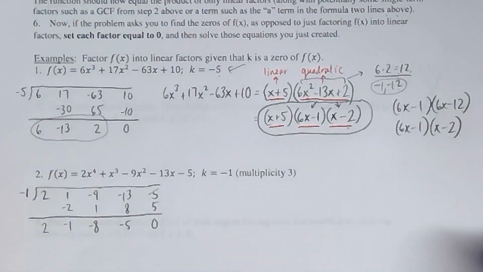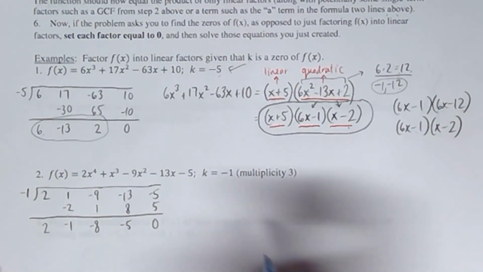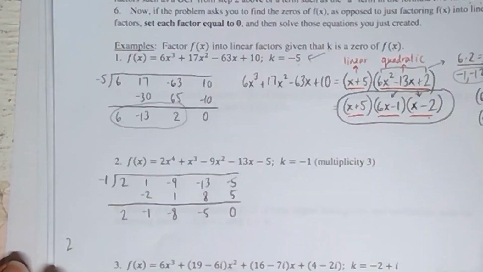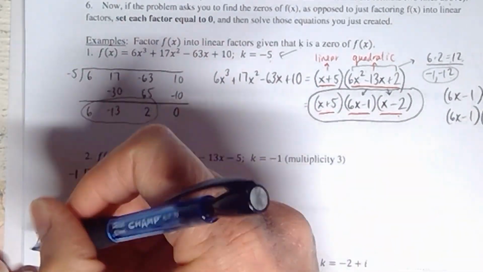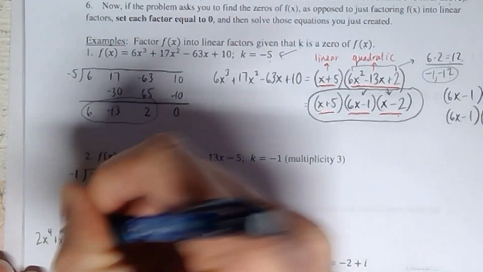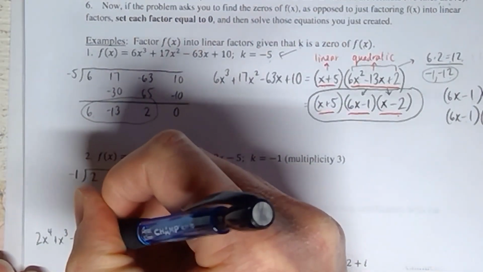All right, now, here's the thing. The original function then is equal to what? The original function then, as a result of the synthetic division, it is equal to, let me just write down the original function here first.